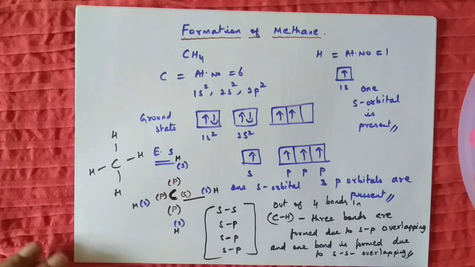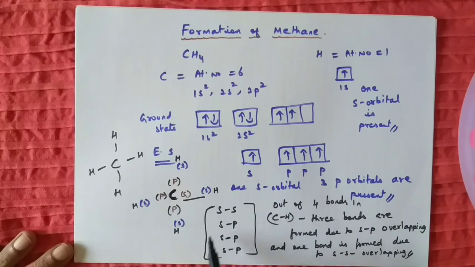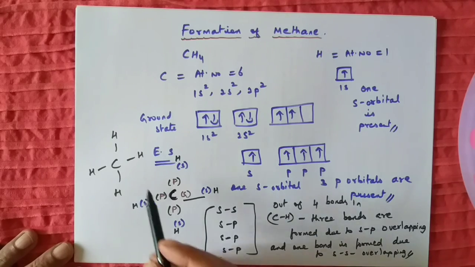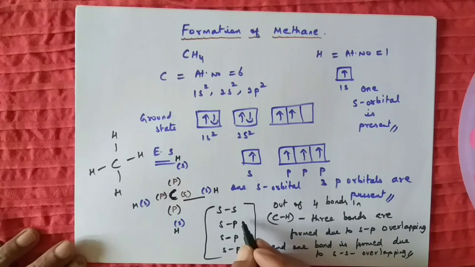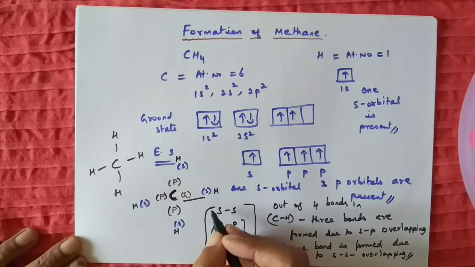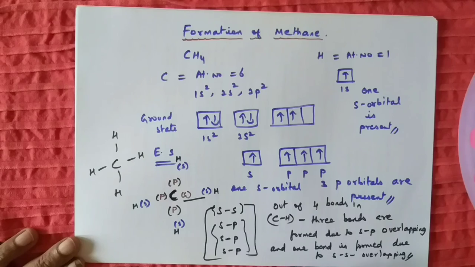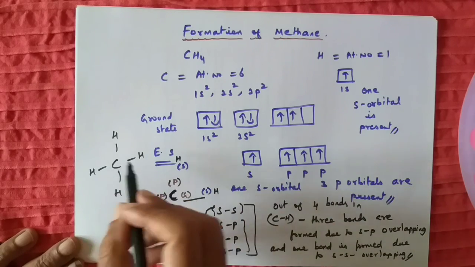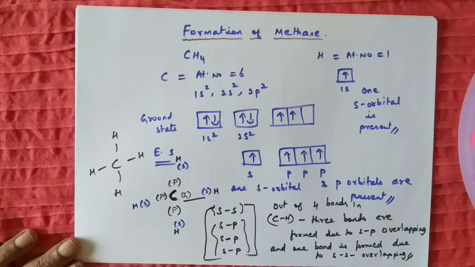If 3 bonds are formed from one combination and the 4th bond from another, then all the 4 bonds will not be equal. Later on, studies showed that all the 4 bonds were equal, and this led to the failure of the valence bond theory. But as per valence bond theory, this is the concept.